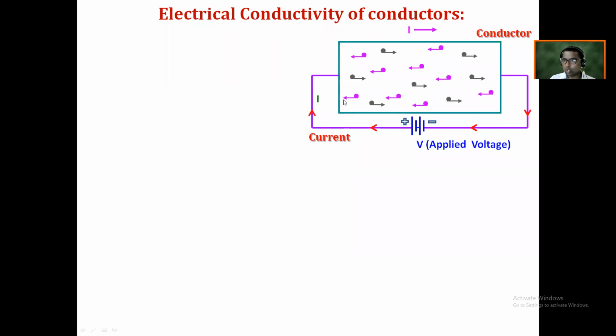Get my point? So the free electrons, having negative charge, always try to move towards the positive end. Just assume that here is one free electron, and when the potential difference exists, definitely these free electrons always try to move from this negative end towards the positive end.